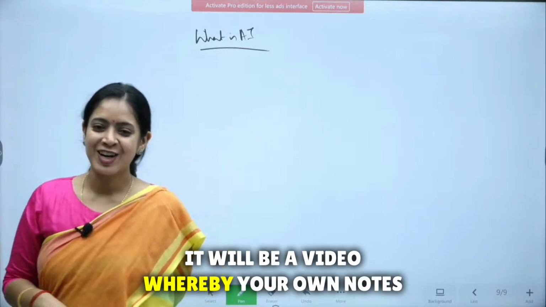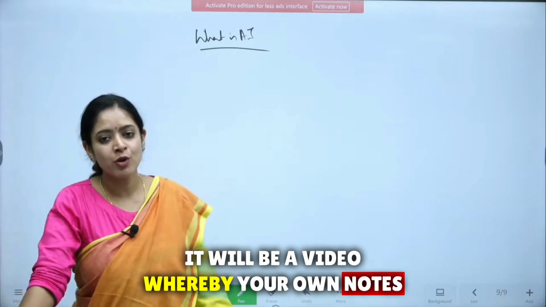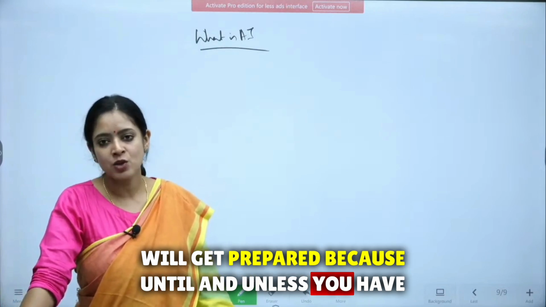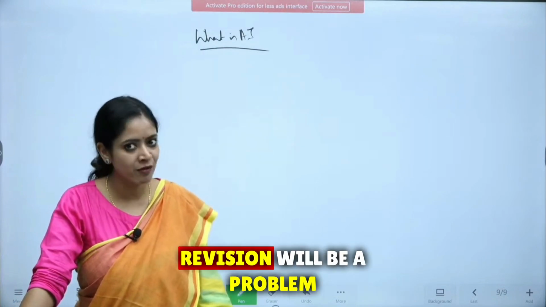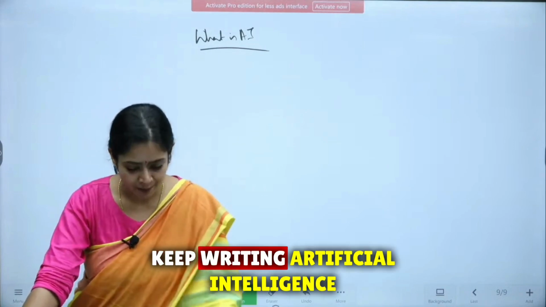It will be a video whereby your own notes will get prepared, because until and unless you have your own notes for your mains, revision will be a problem. Okay, keep writing.